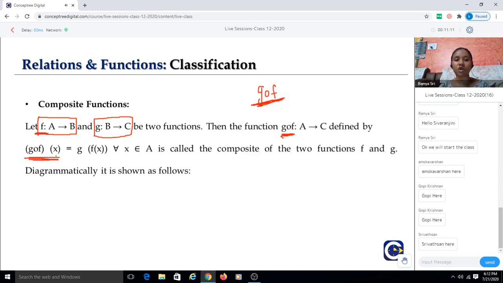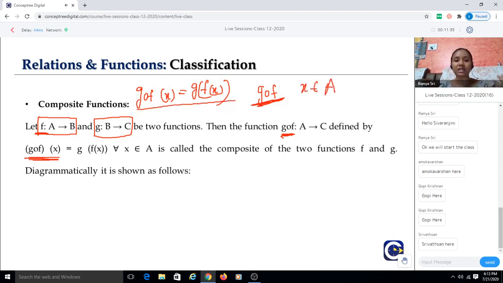So GOF of x is nothing but the function g applied to the function f of x, which means we are substituting the function f of x in the function g of x, where our x belongs to the set A.